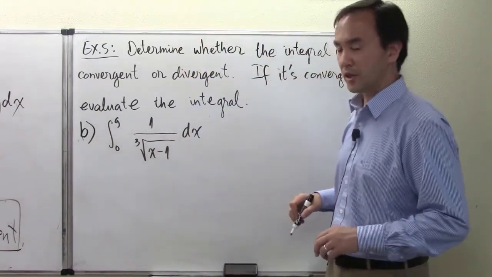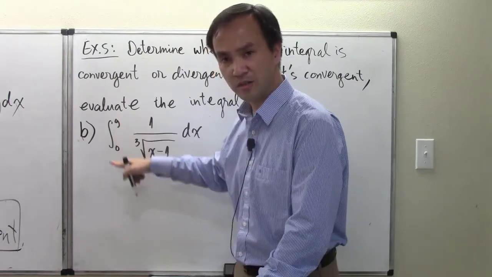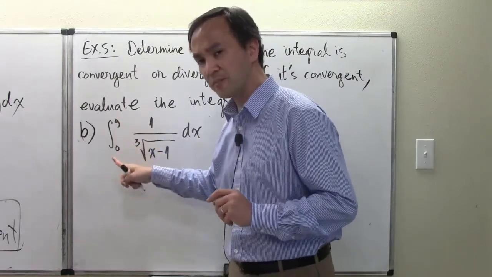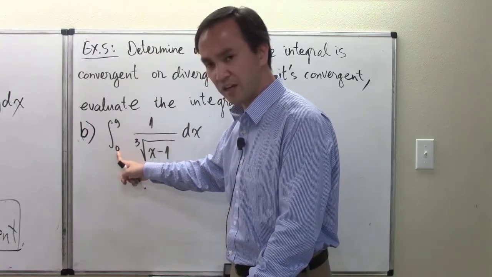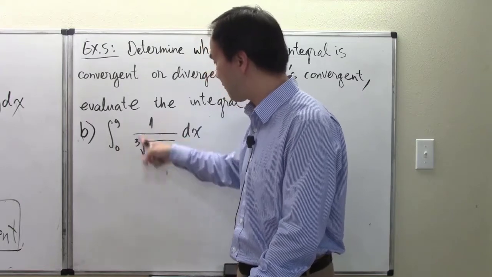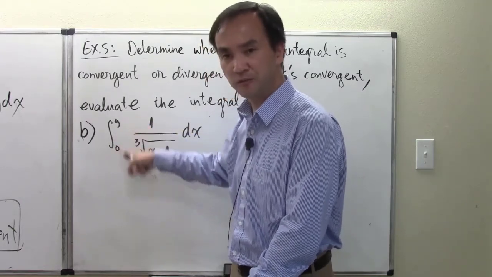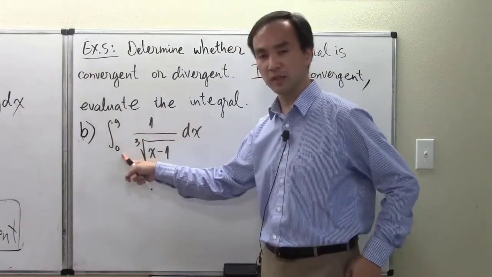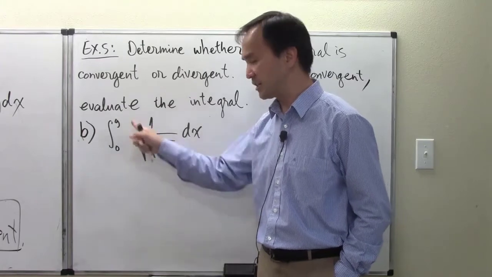Okay, so 0 to 9, the interval looks just fine. We've got a closed end on the left, also a closed end on the right, and by closed end I mean the function has no discontinuity at either one of these two values. The function is fine at 0, the function is fine at x equals 9, no discontinuities there.